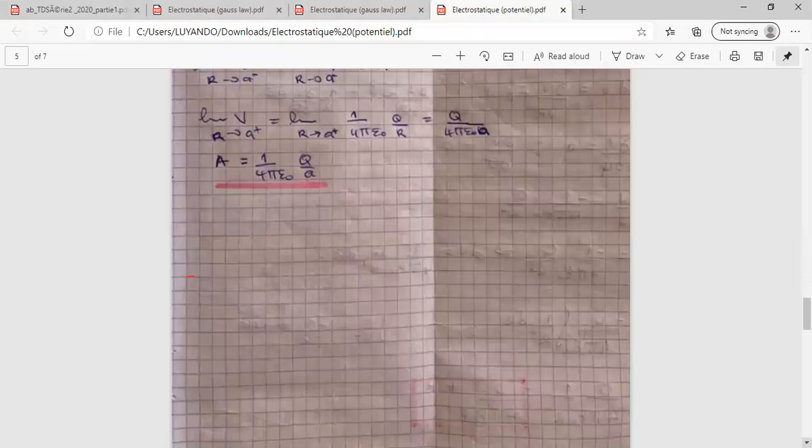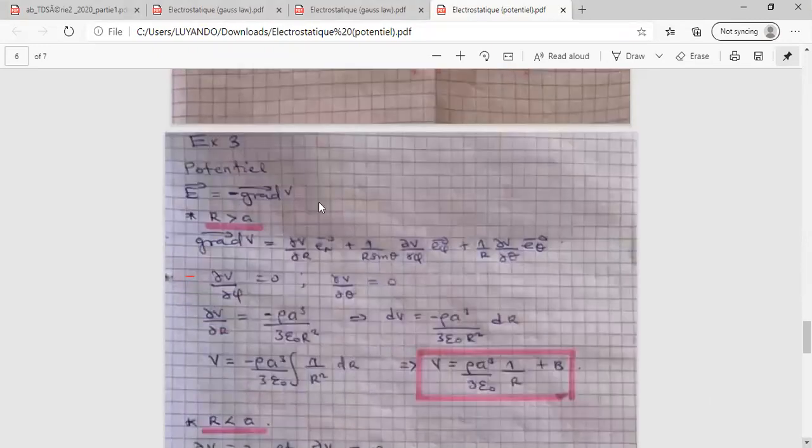So for exercise 3, we found our E for r greater than A, at the exterior, was equal to rho A cubed over 3 epsilon 0 r squared.